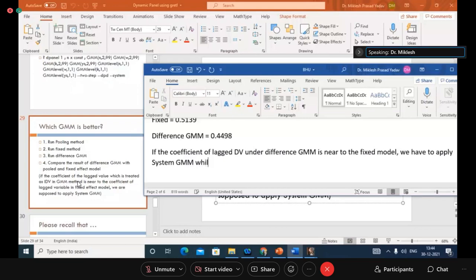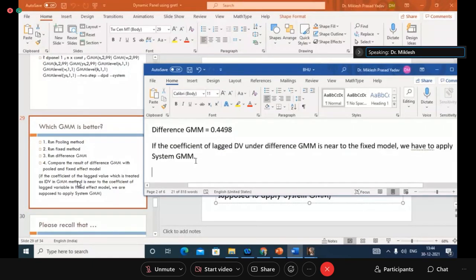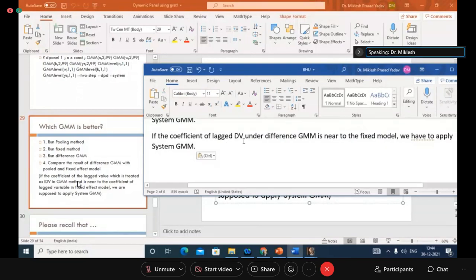While, the other condition is, if the coefficient of lag DV under difference GMM is near to the pooled model, we have to apply difference GMM.